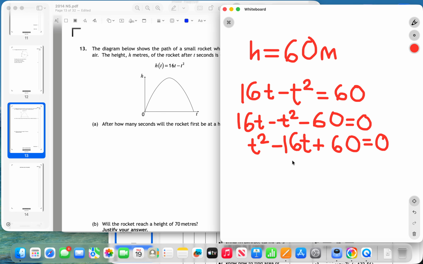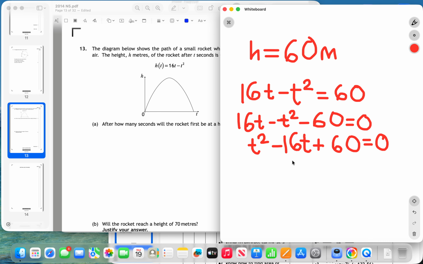So we then solve this. You have two options. You can either use the quadratic formula or you can factorise. Now, if it was in the calculator exam and it said solve this to 2 decimal places or 1 decimal place, that would signify that you can't factorise it and you have to use the quadratic formula that you're given in the sheet at the front of the exam paper.